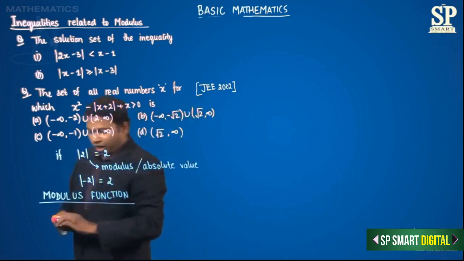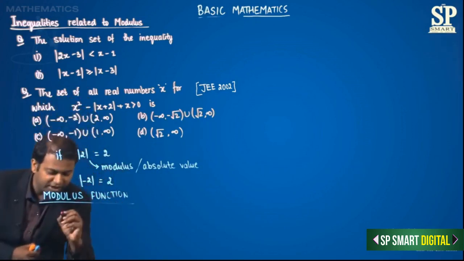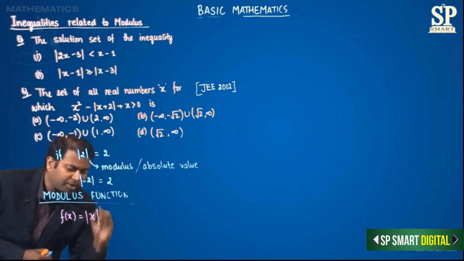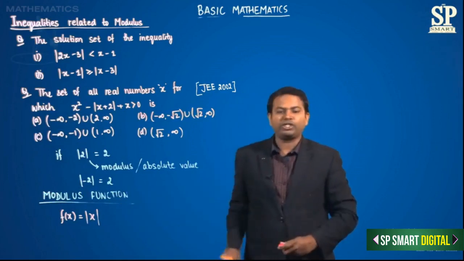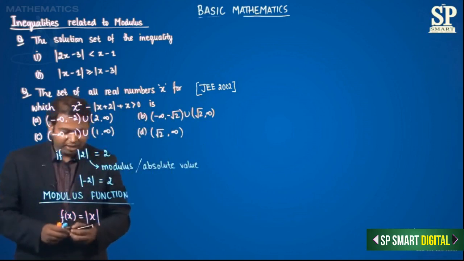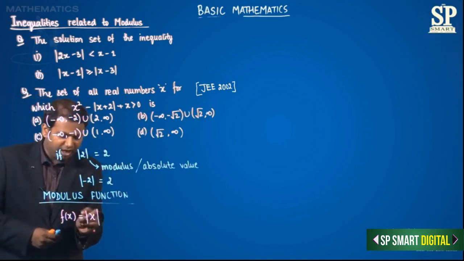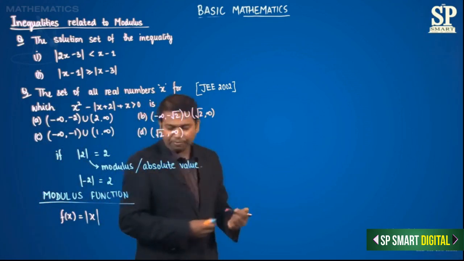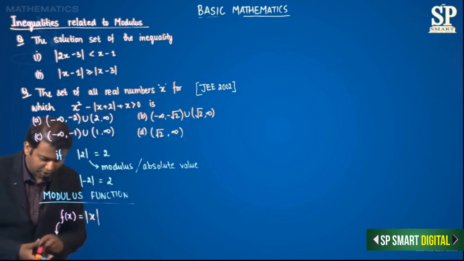So a modulus function, if we have f(x) = mod of x, is defined in the following manner. If you are new to functions, it is represented as f of something, and on the right hand side we have what this function does. Here f stands for function.